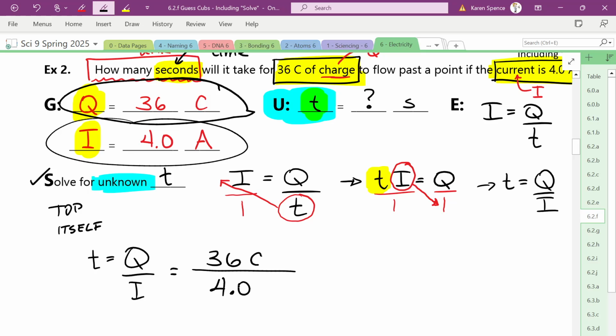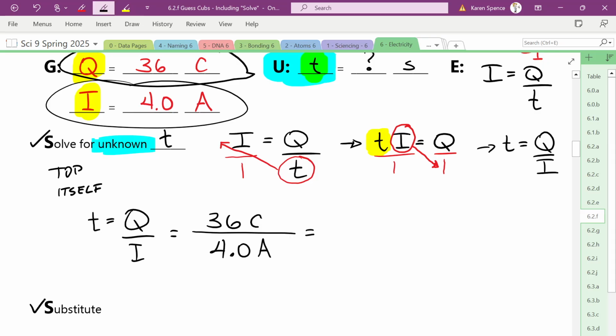So we have substituted, and now we're going to calculate. 36 divided by 4 is 9. And the unit of time is seconds. Box it.